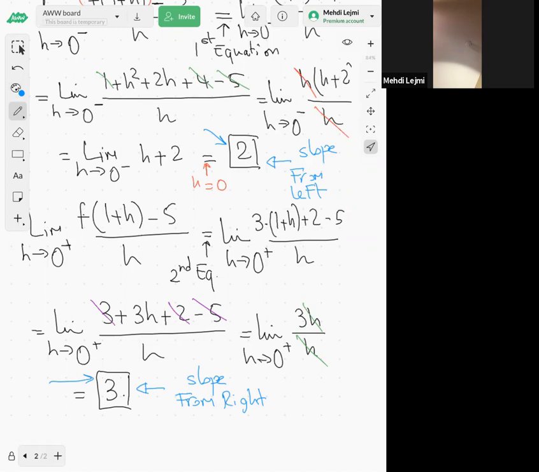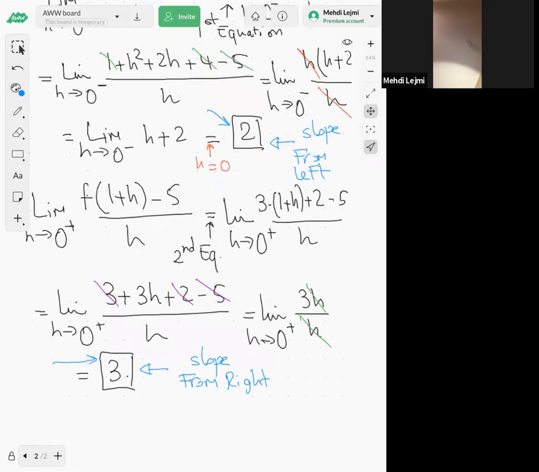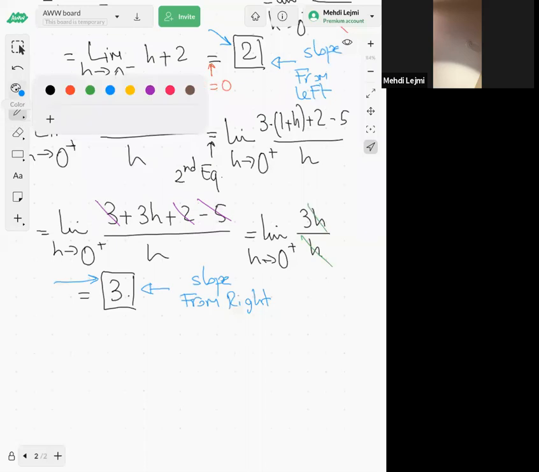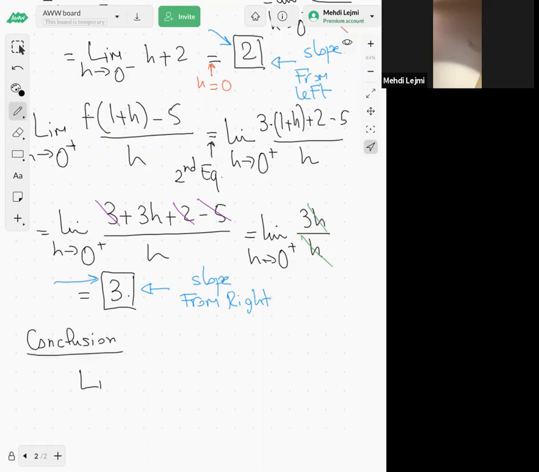Right, so the conclusion is the limit as h goes to 0, so this is the slope from both sides, of f of 1 plus h minus f of 1 over h. So this limit does not exist.